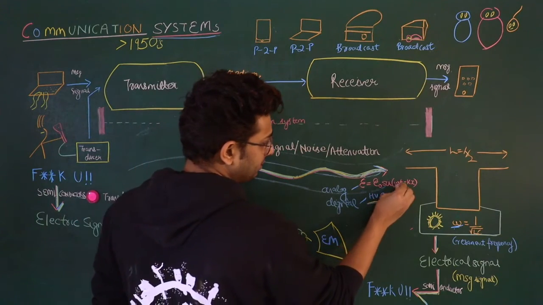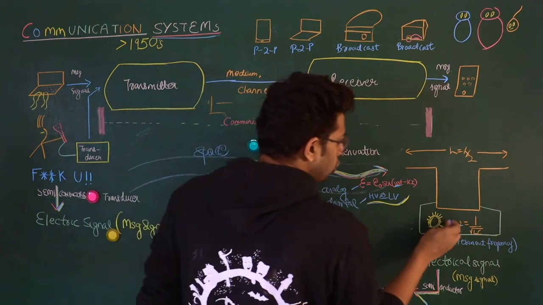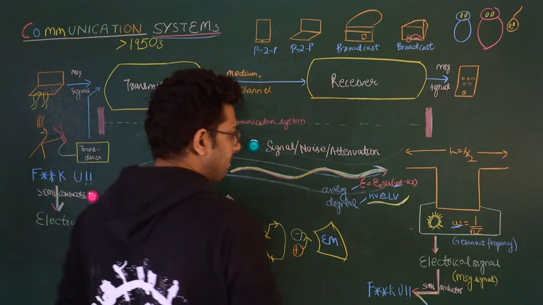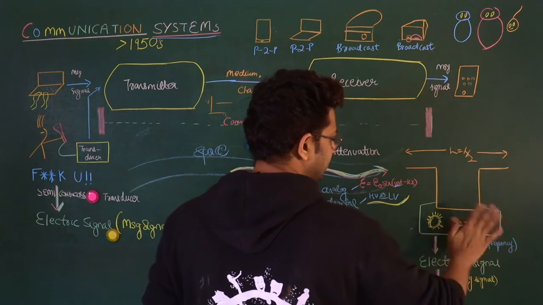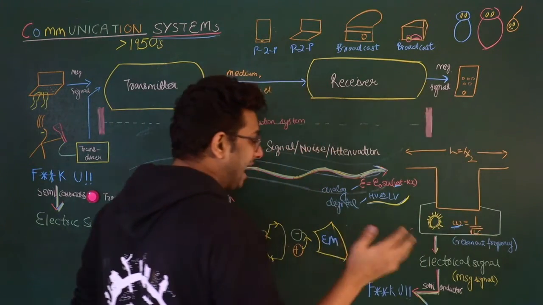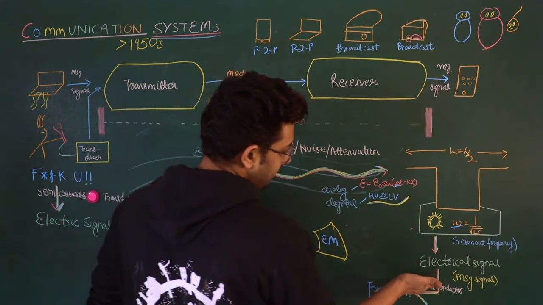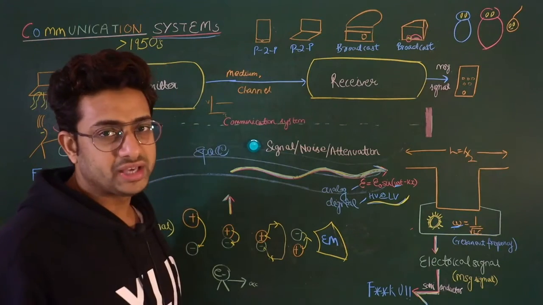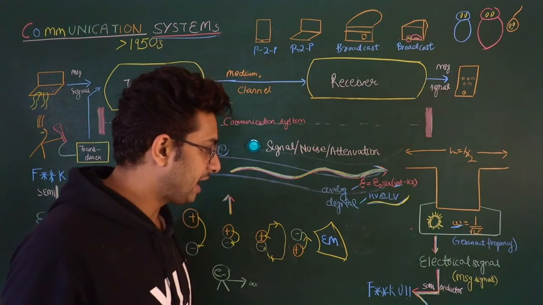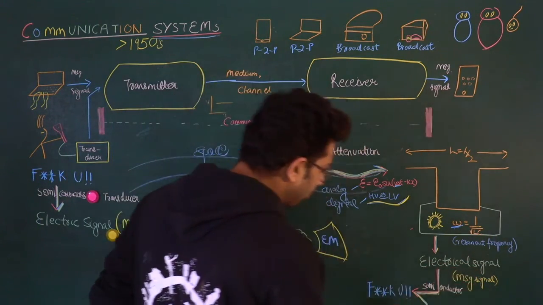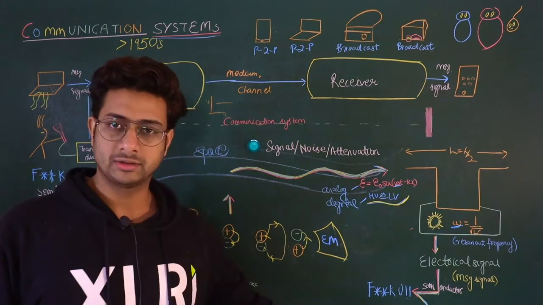The light which is coming, the omega is here. If these two omegas sync, my current will be oscillating with the same omega, and that creates an electrical signal which, using a semiconductor, using a transistor which has logic gates of 0 and 1, binary, can be converted to my original signal, which was this.